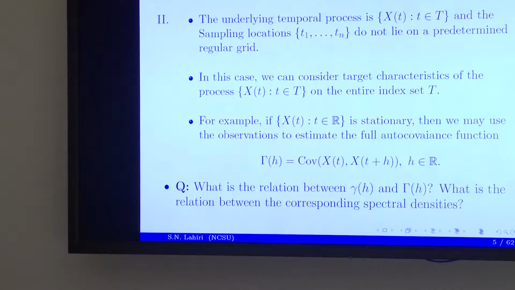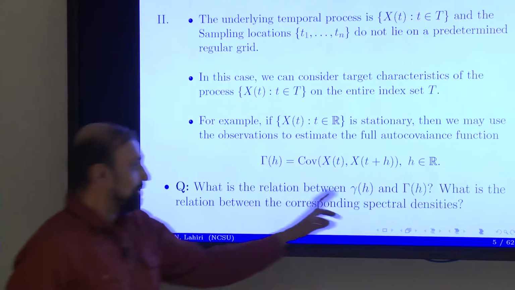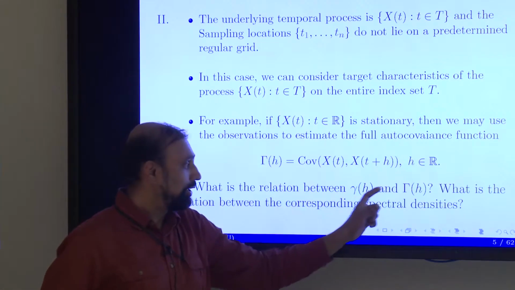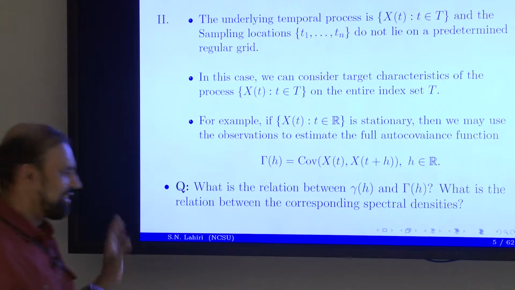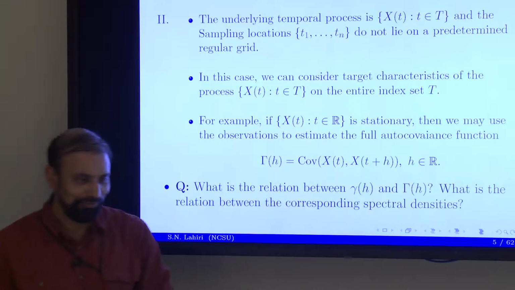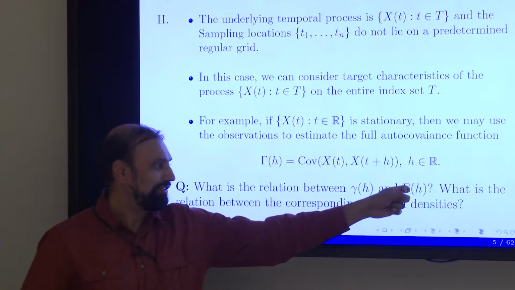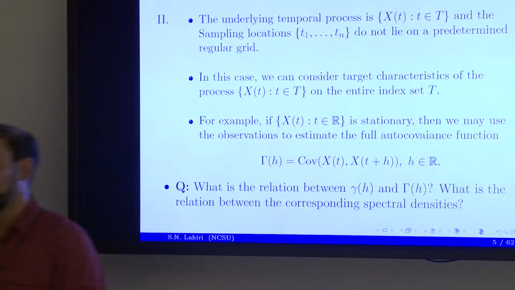But I am not talking about estimation at this stage. Just look at the functions. In one case, it is defined for all h on the real line. In the other case, I am looking at only the definitions when I restrict h to the integers. So, as I said, the first question is silly. For a stationary distribution, these two are equal, right?